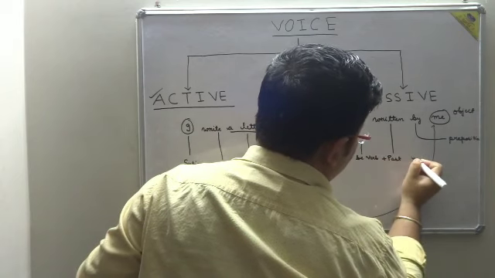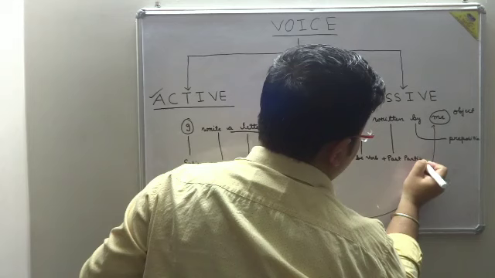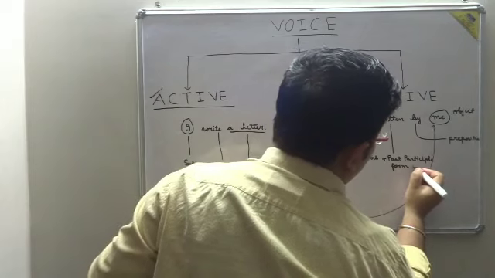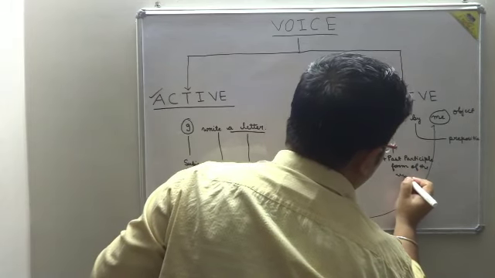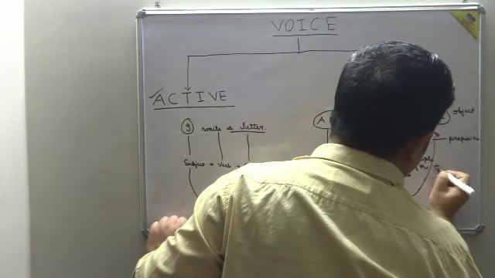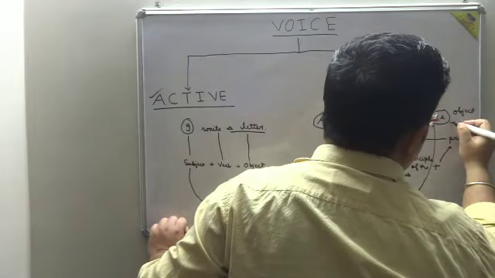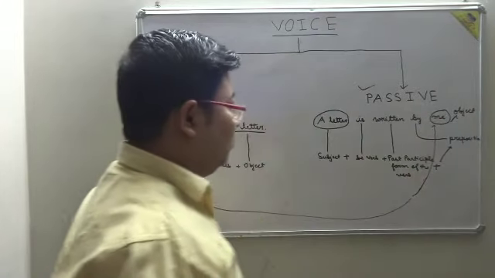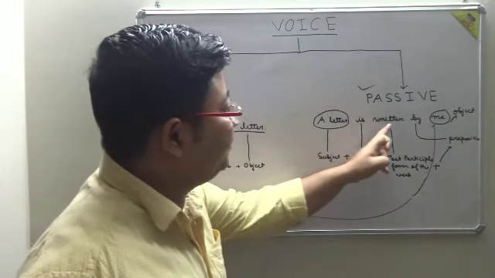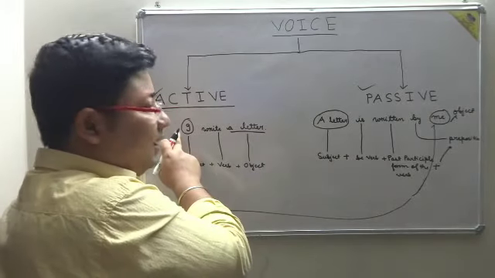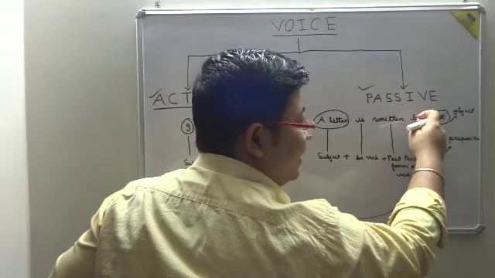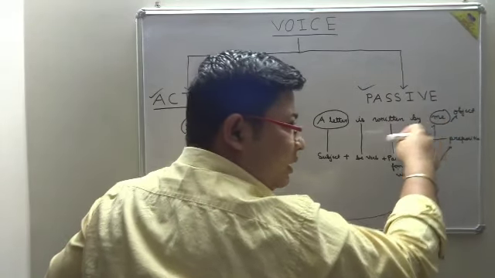Past participle form of the verb. Plus the preposition plus the object. Just observe once again. I write a letter. A letter is written by me. The subject in the active voice is converted into object preceded by a preposition by here. It might change depending on the sentence. Okay.